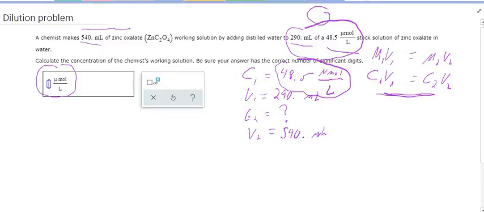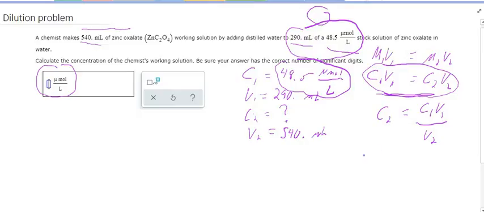Okay, so since C2 is what it wants, I'm going to solve for C2 just right here. So C2 equals C1 V1 divided by V2. I just rearrange this algebraically. You can do that in your head or practice it if you need to.